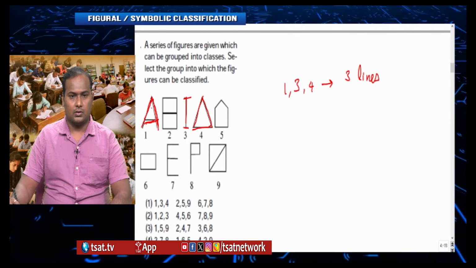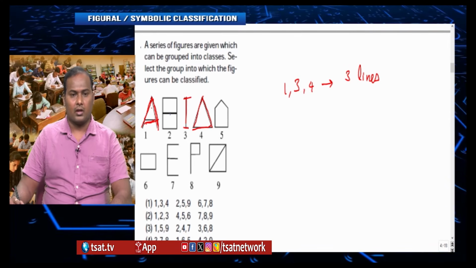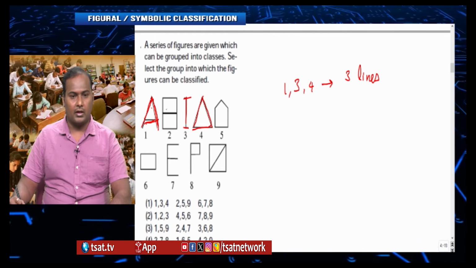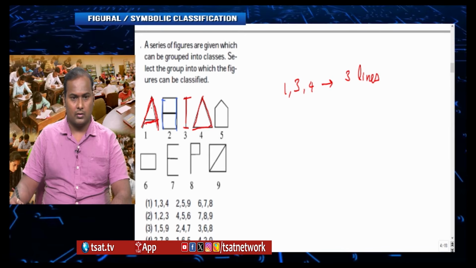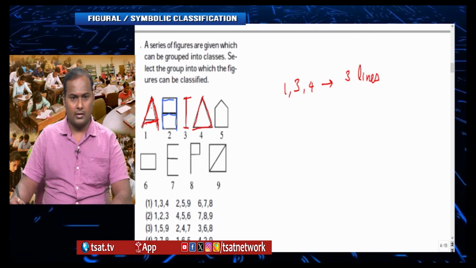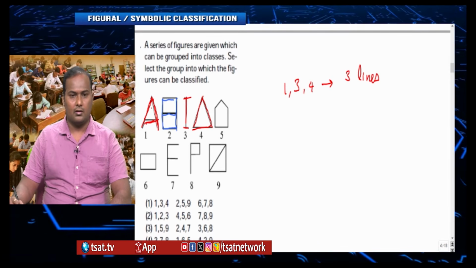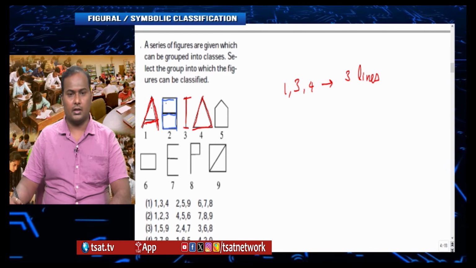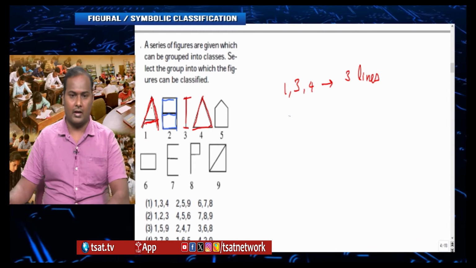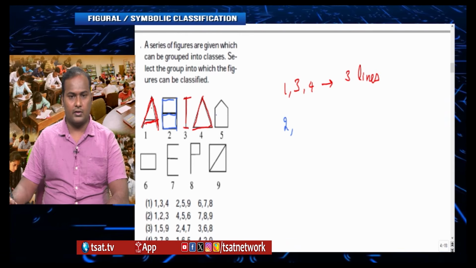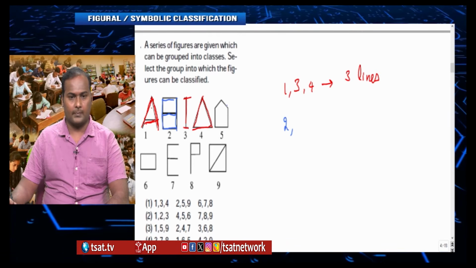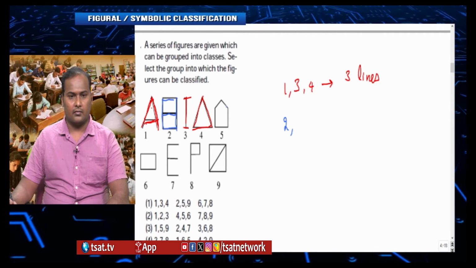Now see the second group. In the second figure, how many lines are there in total? 1, 2, 3, 4 and 5. Total 5 lines are there. So check other figures where you can see 5 lines. Now come to figure 5: 1, 2, 3, 4, 5. Here also I can see 5 lines.